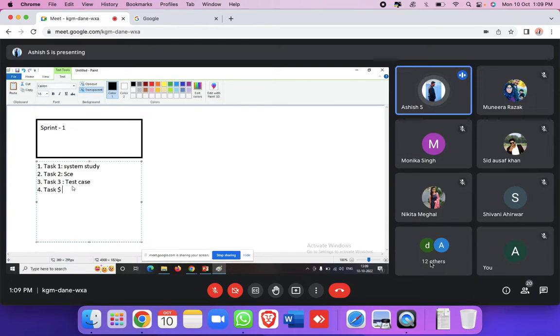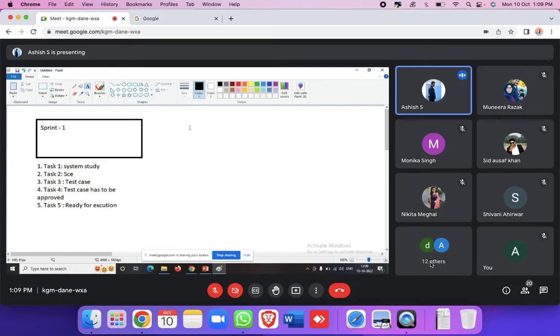Task 4 is test cases have to be approved. Task 5 is ready for execution. These are the tasks which were given first.